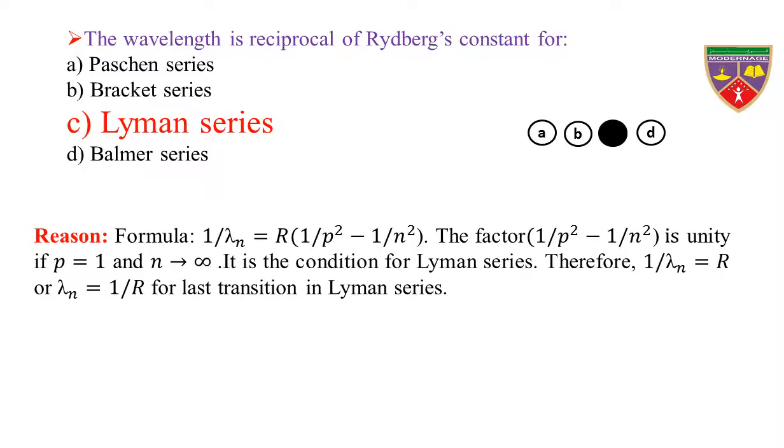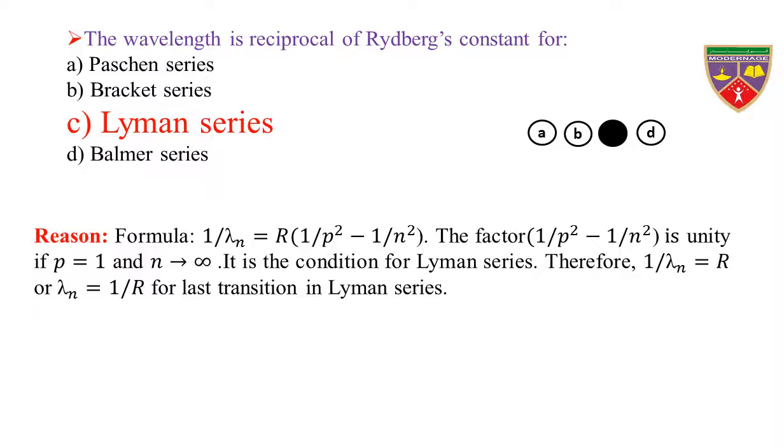Reason: formula 1 divided by lambda n is equal to R into 1 divided by p square minus 1 divided by n square. The factor 1 divided by p square minus 1 divided by n square is unity if p is equal to 1 and n tends to infinity. It is the condition for Lyman series.